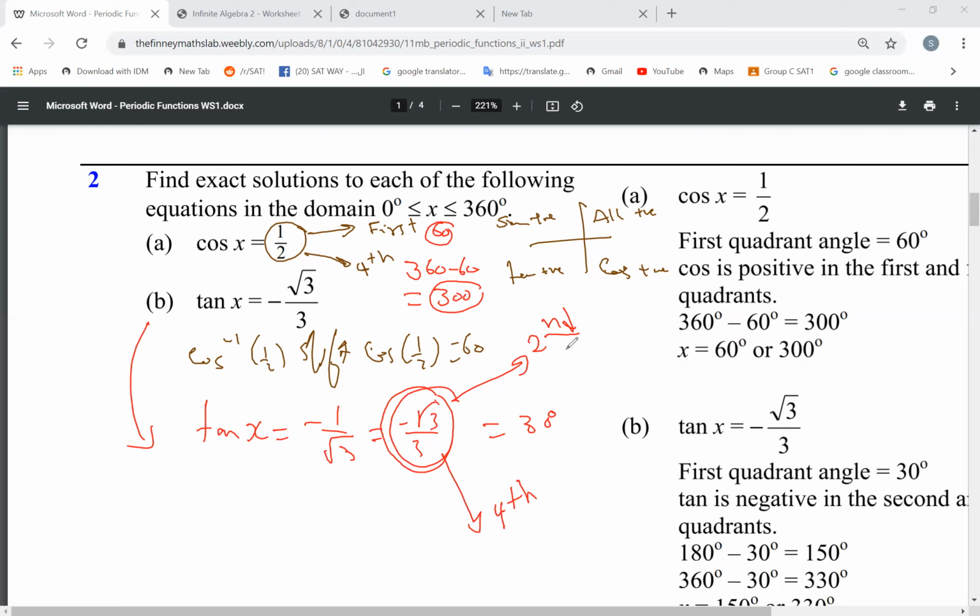So it will be 180 minus 30, which is 150, and 360 minus 30, which is 330. If you put this value or this value instead of x, or if you replace tan 150, you will get this result, and tan 330 you will get the same result.